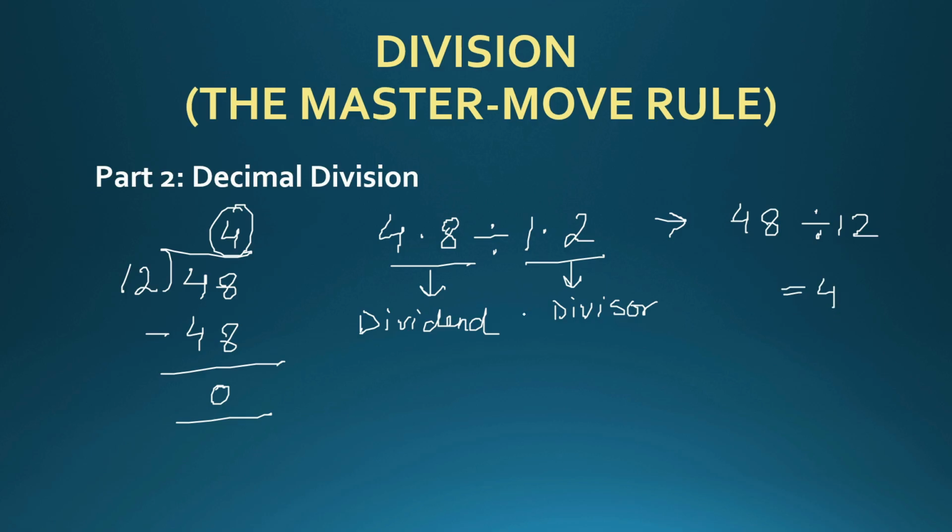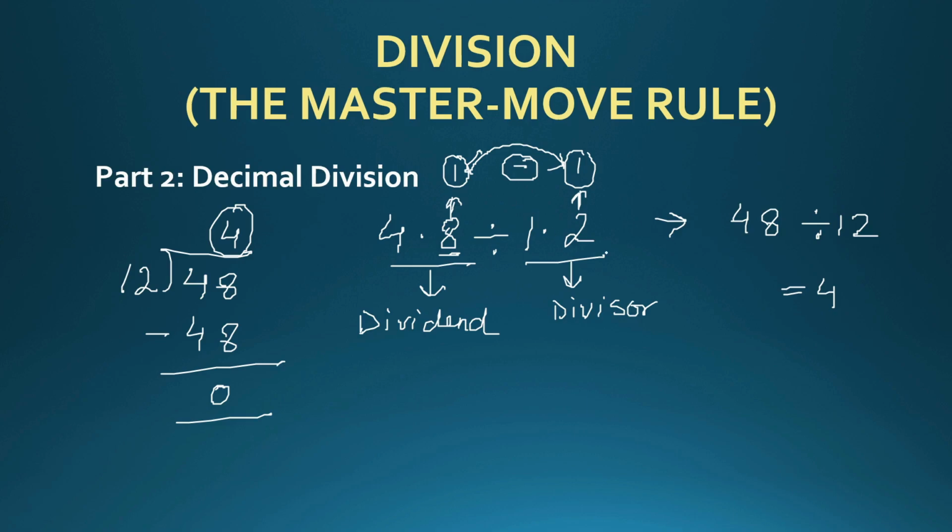In the second step, as you remember in multiplication, we used to count the number of digits after the decimal. So here again, we are going to count the number of digits. Here in 4.8, we have one digit after the decimal, and in 1.2, we again have one digit after the decimal. But in case of division, we are going to subtract the number of digits after the decimal.